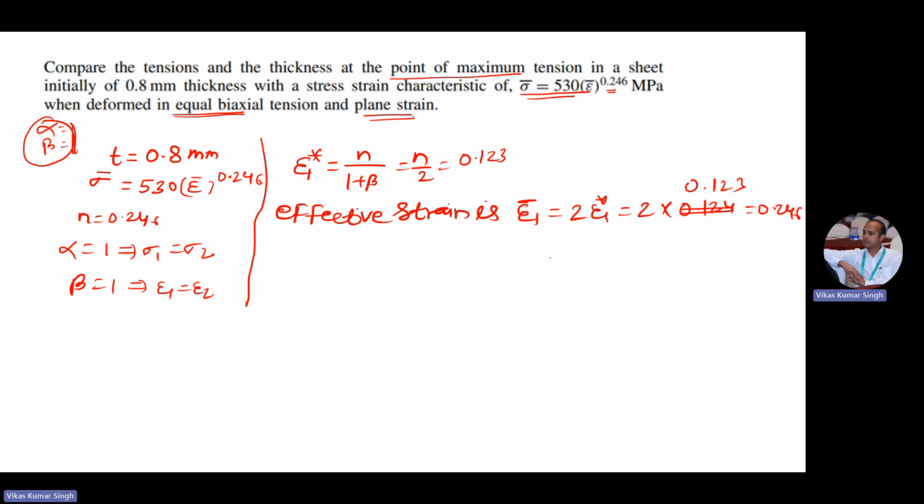Okay. Now what is the thickness at the maximum tension?